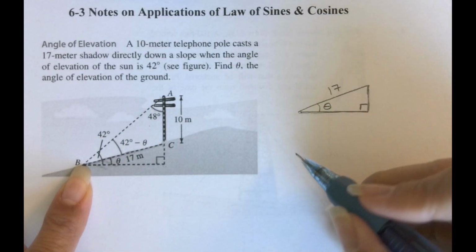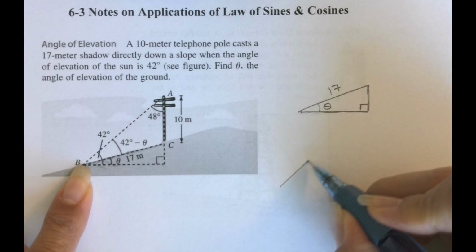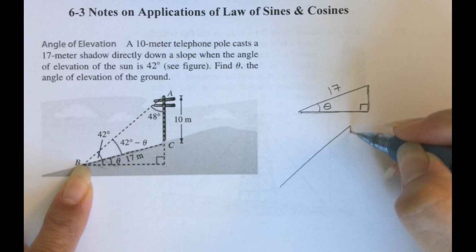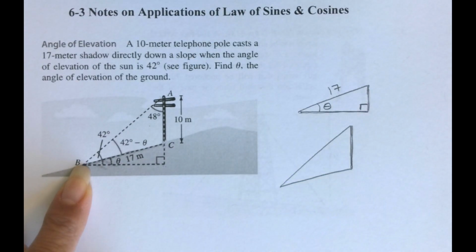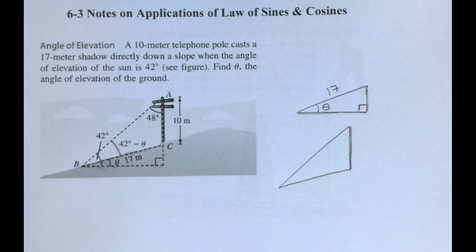So the actual oblique triangle. So sketching the best that you can. So we're pulling out that top one, something like that. And let's label that triangle and see if we have enough information to figure out what we're looking for. Okay. So what can we label in this triangle?